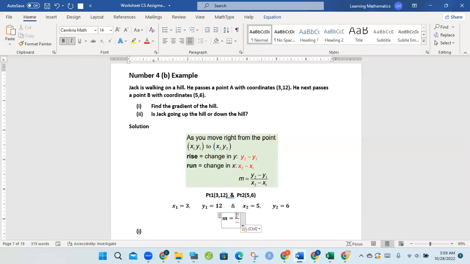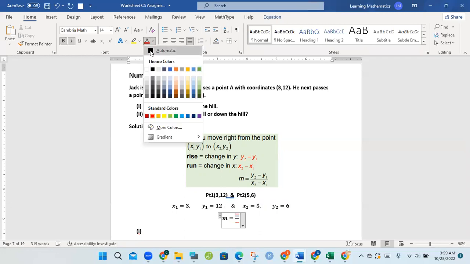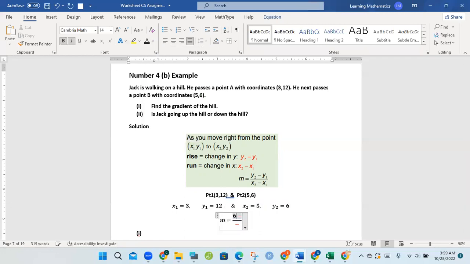So y2 is 6. So 6 subtract, but the subtraction sign is there already, so we have to be careful. So 6 subtract 12.